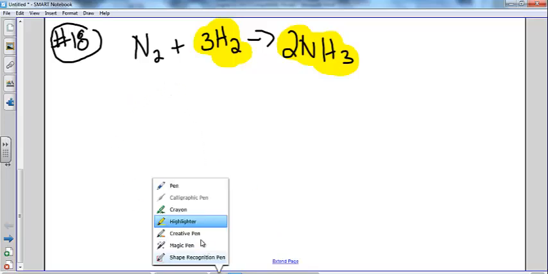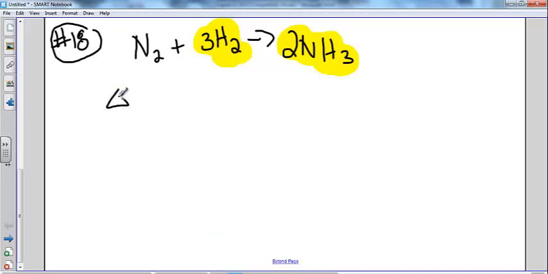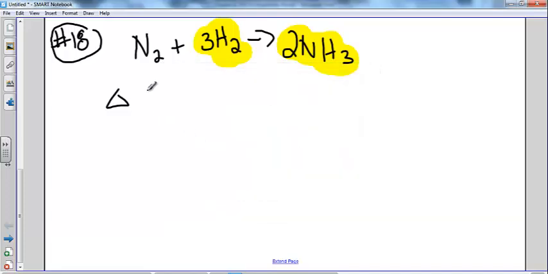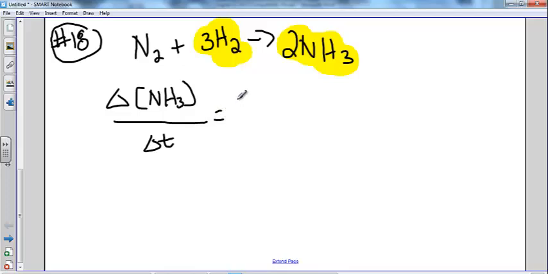your change in ammonia concentration over delta t is simply going to be, and I'm going to put the negative sign out here again just to show you the perspective of how it changes, negative 2/3 the value of the change in the concentration of hydrogen gas over the change in time.